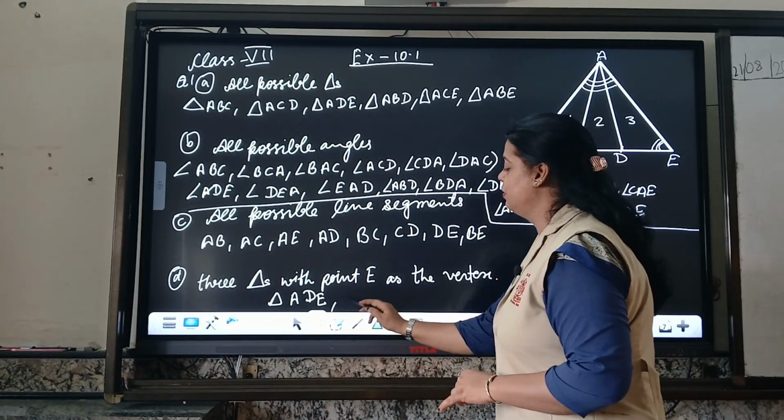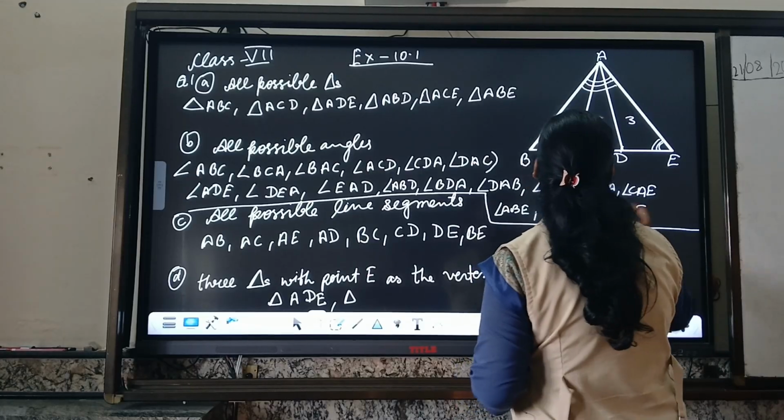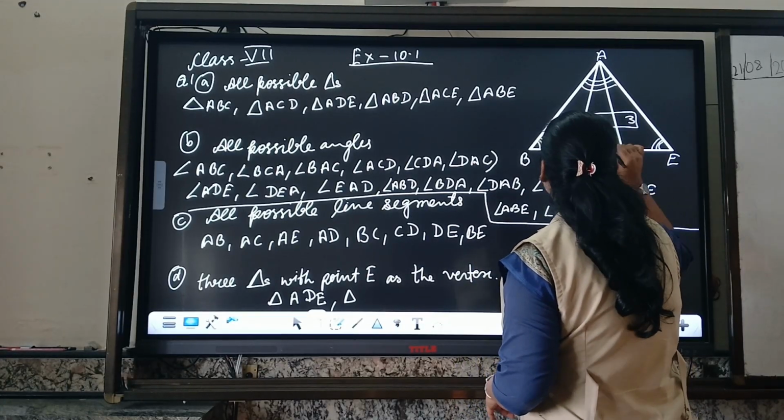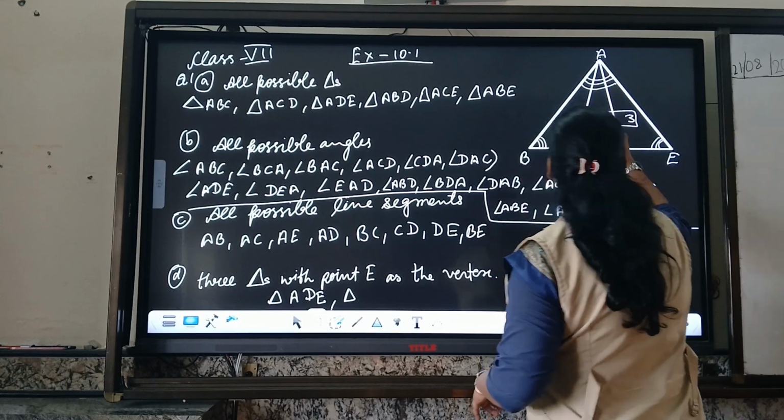Next triangle which I will consider with vertex E: if I take 2 and 3 combined, I will get ACE.